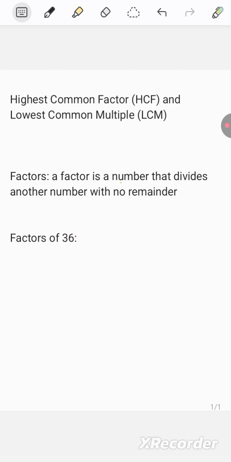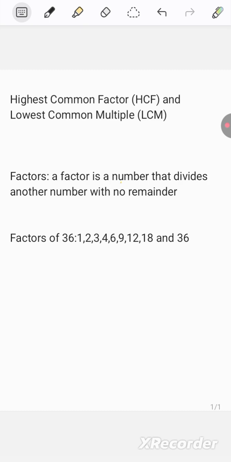Okay, these are the factors of 36: 1, 2, 3, 4, 6, 9, 12, 18, and 36. Why are they the factors of 36?